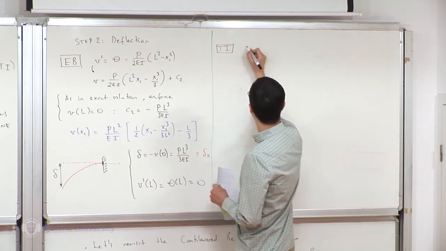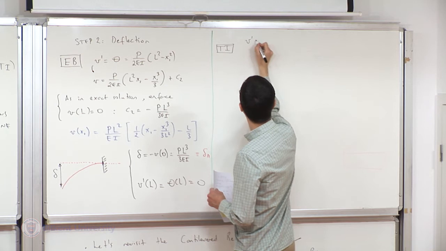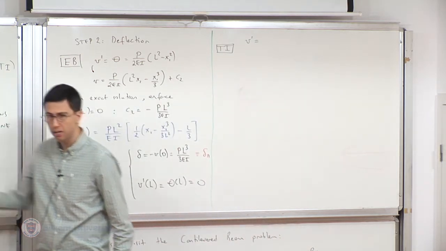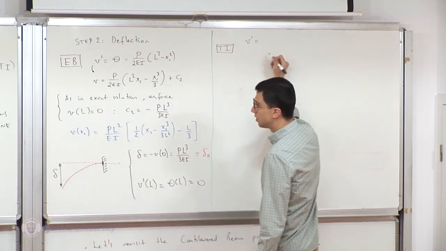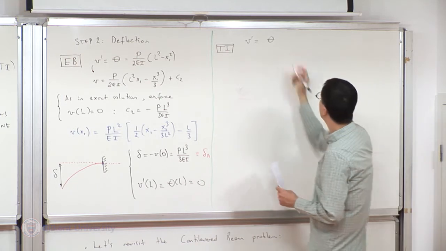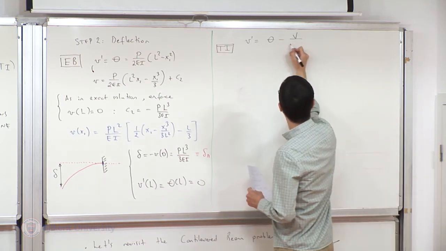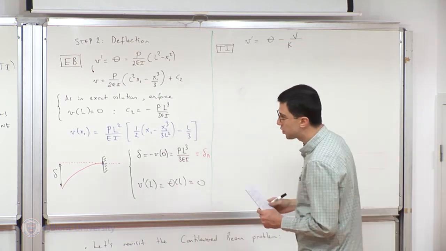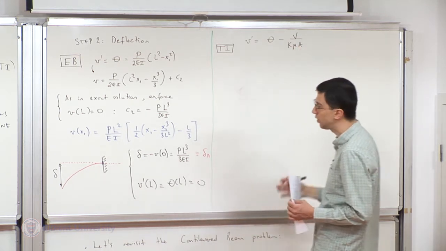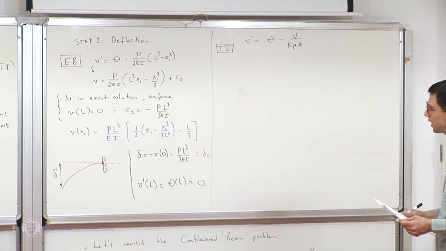We start with V prime not equal to theta anymore. It's equal to theta minus that. I told you that the shear correction factor is something that we need to decide on. I didn't tell you what its value is. We're going to discuss that shortly as well.